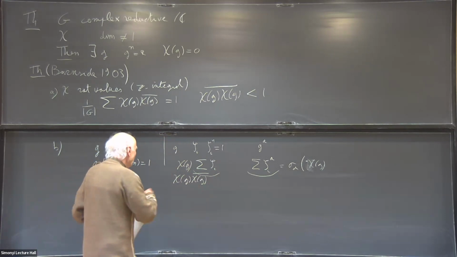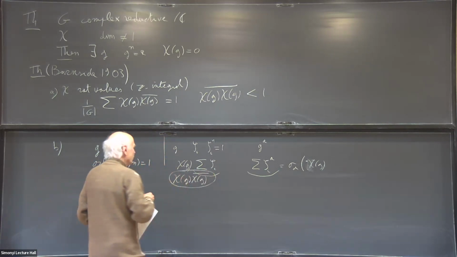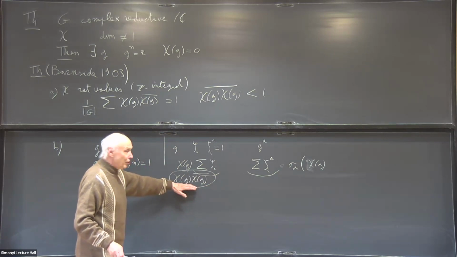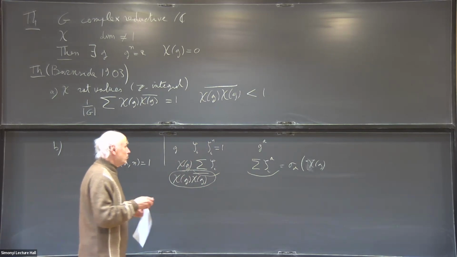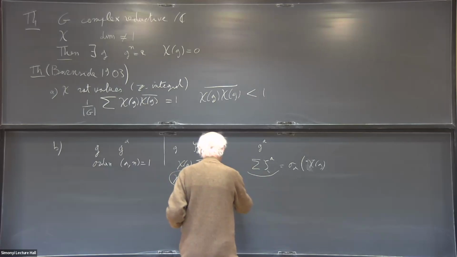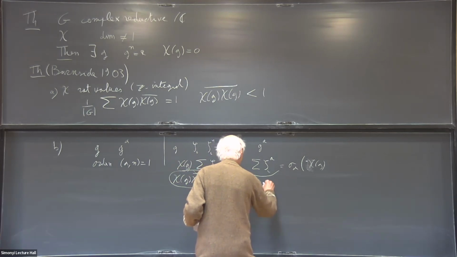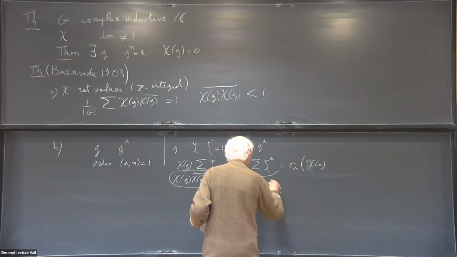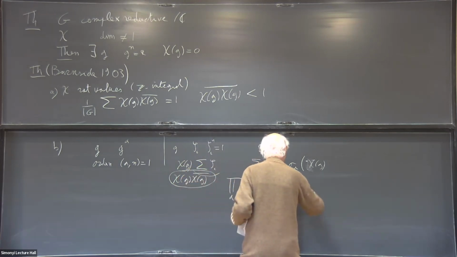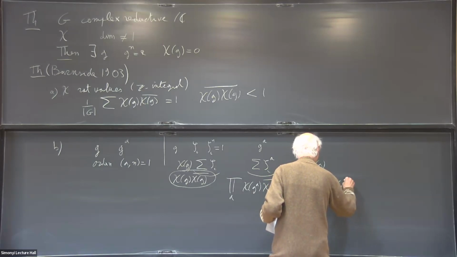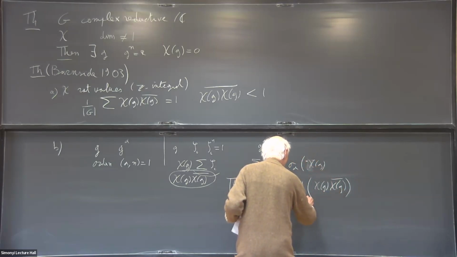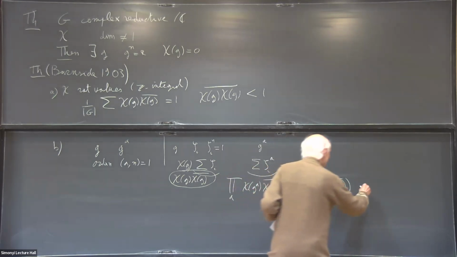Now, if I take the product of the absolute value squared of chi(g) for one such bunch of elements, this is a norm from the cyclotomic field to Q. And so this is an integer.